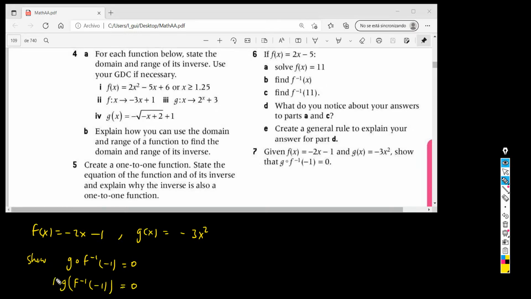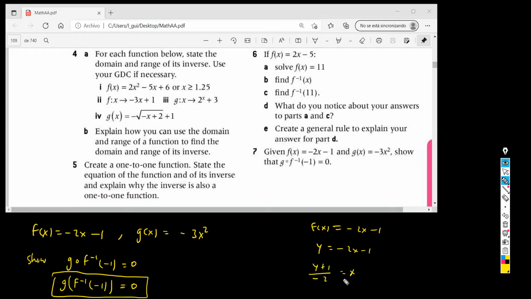I need to show that this is true. So I need f inverse, right? Because they just give me f. So this is f of x equals minus 2x minus 1. I convert f of x to y. I isolate x. That's going to be y plus 1 over minus 2. That's x.